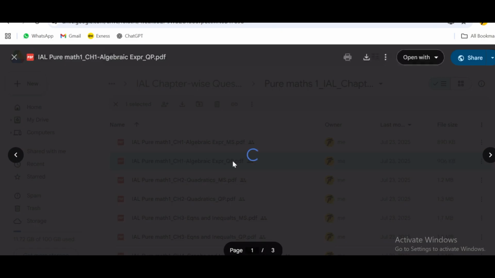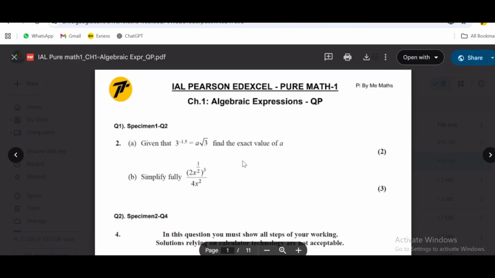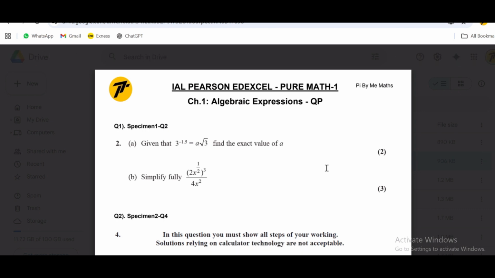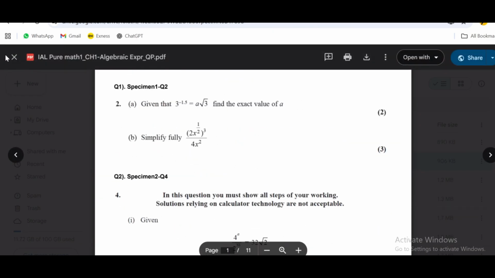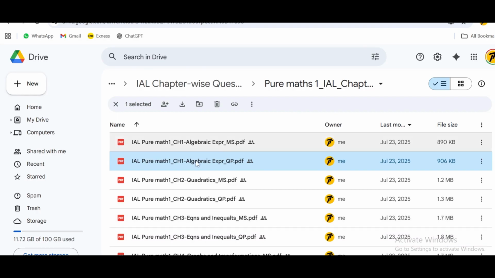When you open it, you have the question paper, QP, and the marking scheme, MS. I have consolidated all the chapter 1 questions from every past paper since 2018, the first sitting. I have consolidated all the past paper questions here for chapter 1, and then chapter 2, chapter 3. QP is the question paper, MS is the marking scheme.